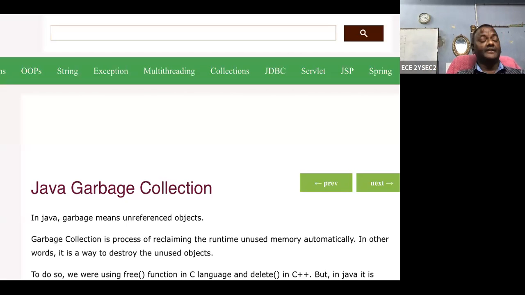What is the meaning of garbage collection? Before creating an object, the JVM, Java Virtual Machine, automatically, please listen, this is very important, clears the unreferenced memory location, the unreferenced object. That is called garbage.